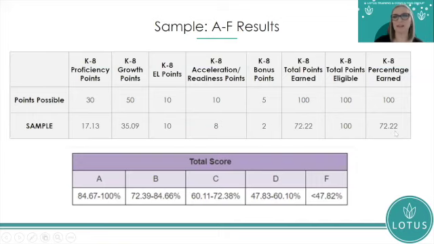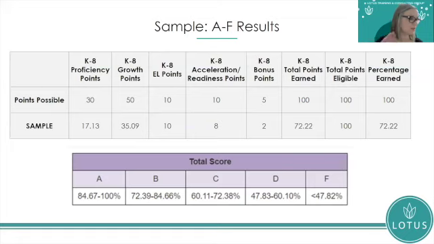But if I'm getting 72.22, that puts me squarely down here at the C level, but almost at the level of a B. So in order to move up one grade level, I only need to earn fractions of points in order to see an entire letter grade change based on the component parts.